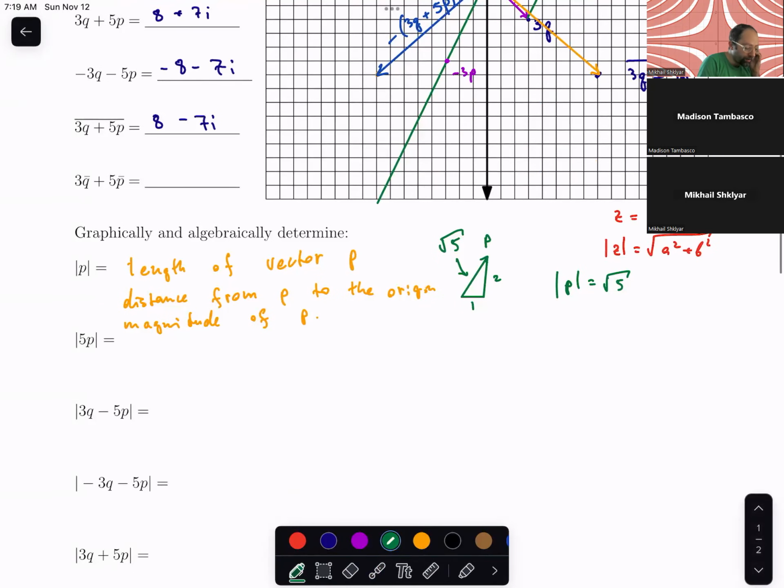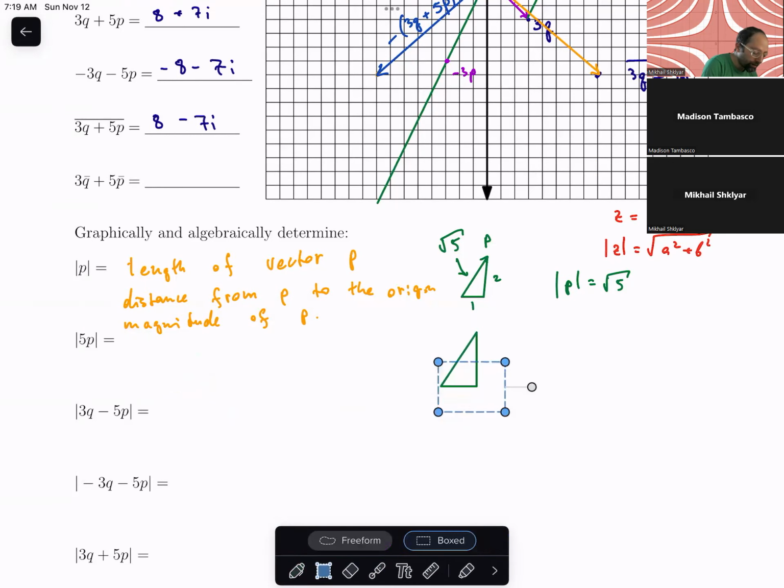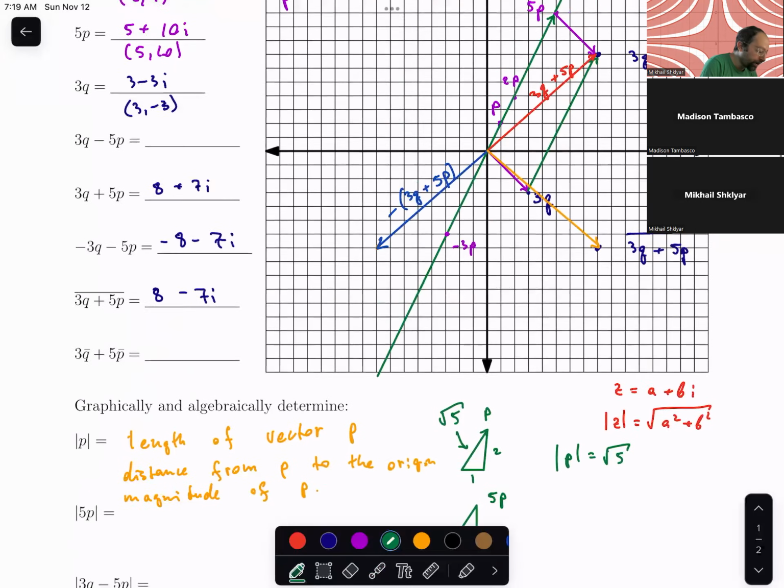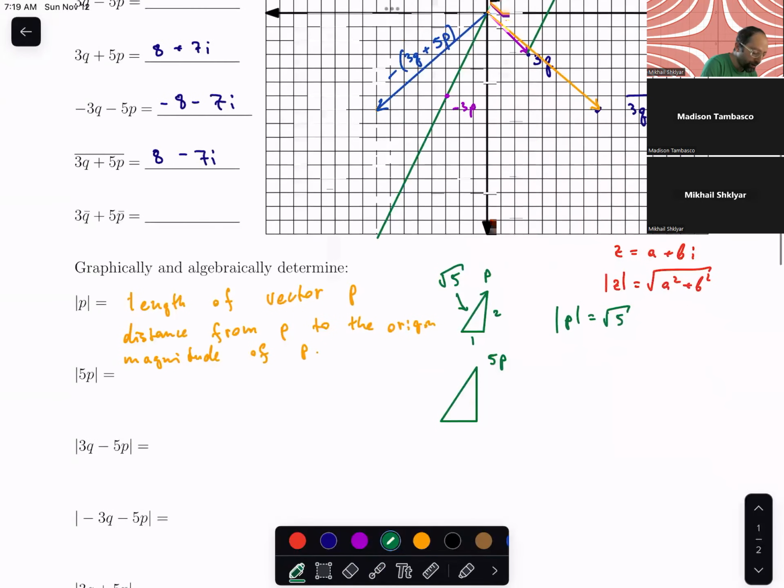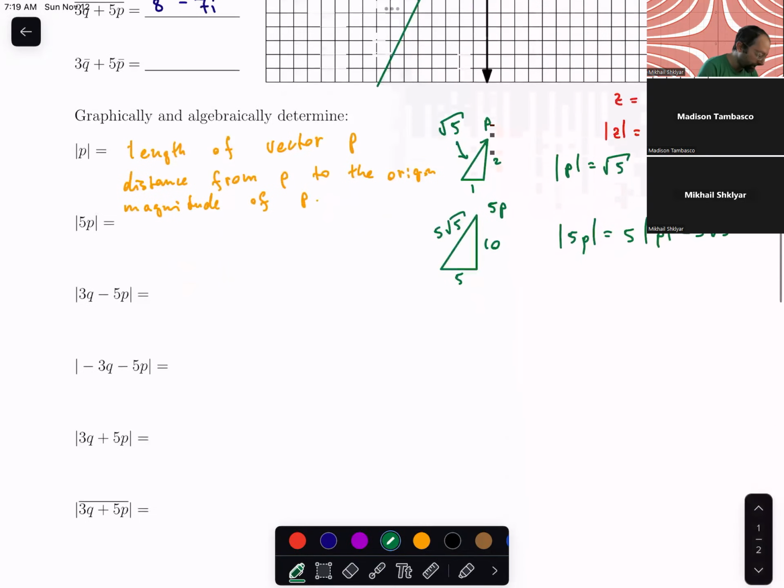If I look at the magnitude of 5P, I'm going to draw a triangle, and it looks exactly the same, except it's scaled. What is 5P? 5P is 5 horizontally, 10 vertically, right? So the hypotenuse is going to be 5 times the magnitude of P. So the magnitude of 5P is just going to be 5 times the magnitude of P, which is 5 root 5. Okay? And that's essentially it.